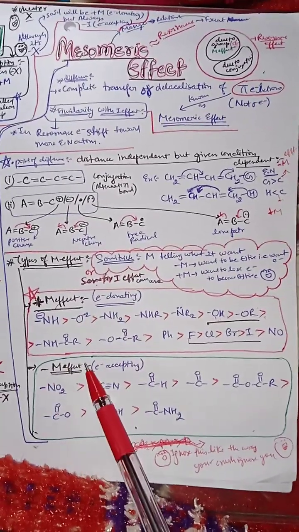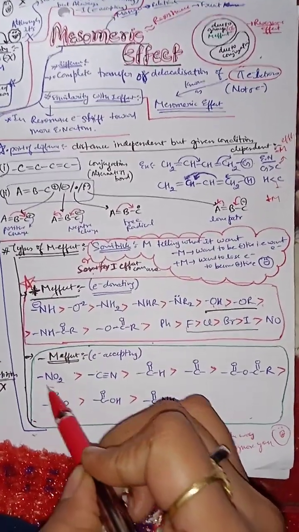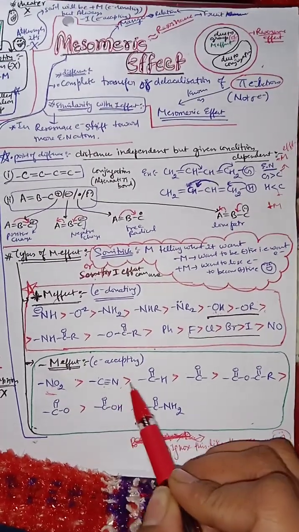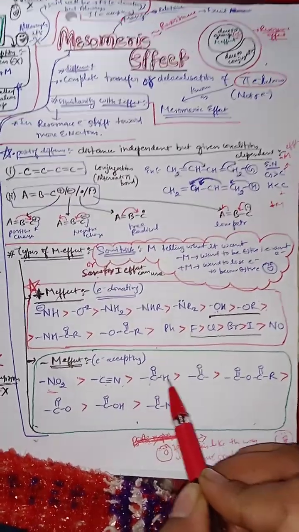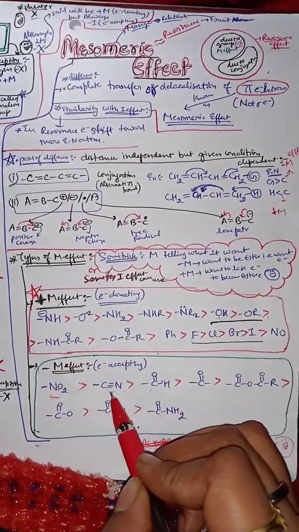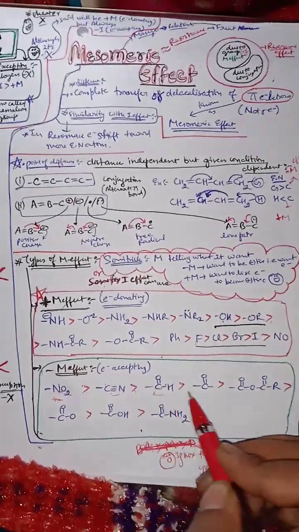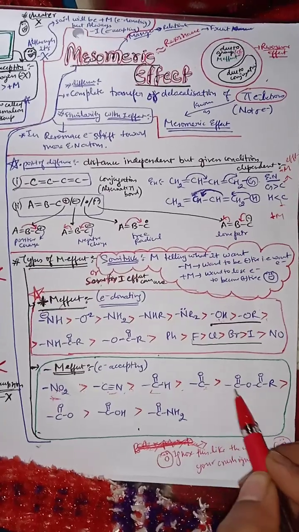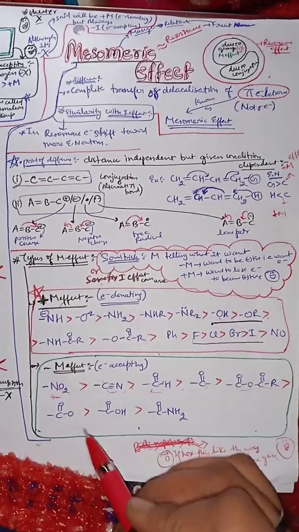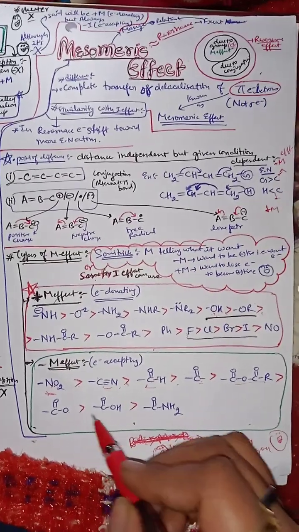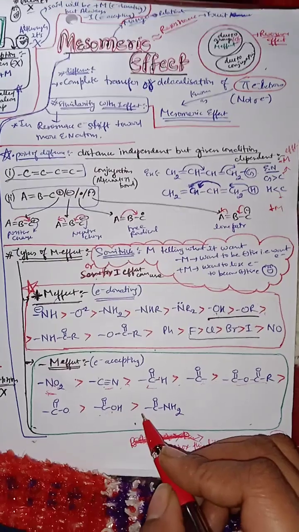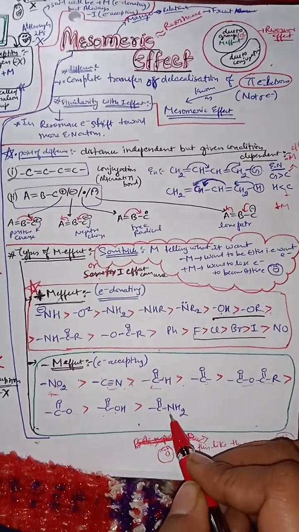So in minus M effect you can see NO2, then NO2 more than CN negative, I mean NO2 means nitro, more than cyanide group, more than aldehyde group, more than ketone group, more than anhydride group, more than carboxylate group, more than carboxylic acid group, more than amide group.